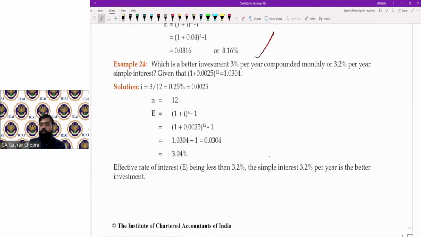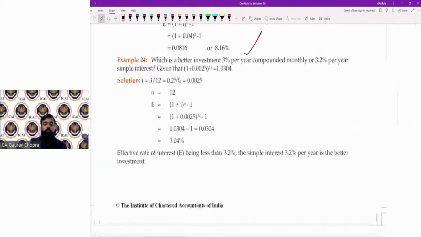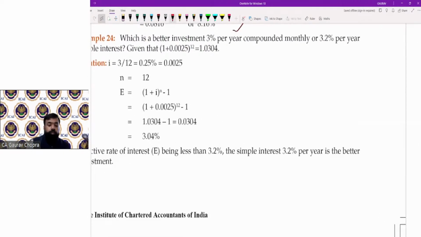Okay, so let's move on to example number 24. Which is better investment? 3% per year compounded monthly or 3.2% per year simple interest. Whenever we have to compare with simple interest, we cannot compare directly.